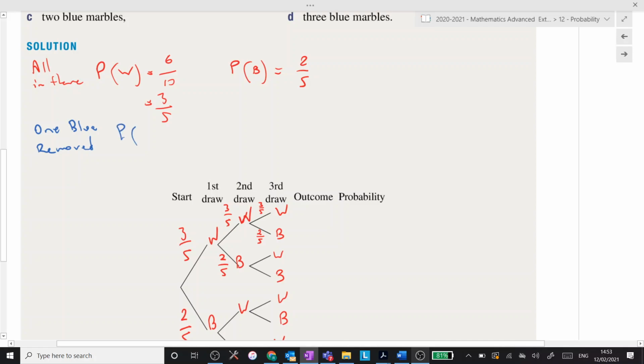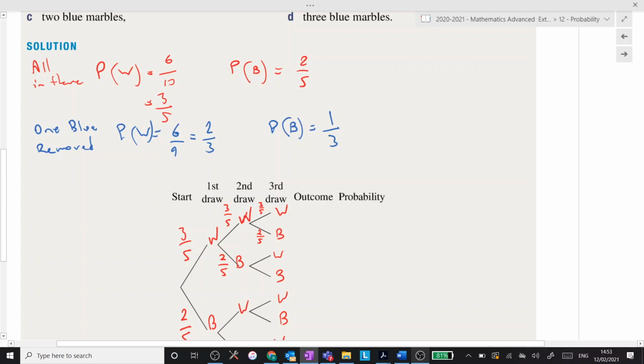So the probability of a white would be 6 over 9. What was it? 2/3. And the probability of a blue? We had 4, remember? We just pulled one out, so 3 out of 9, and we'll go with 1/3.